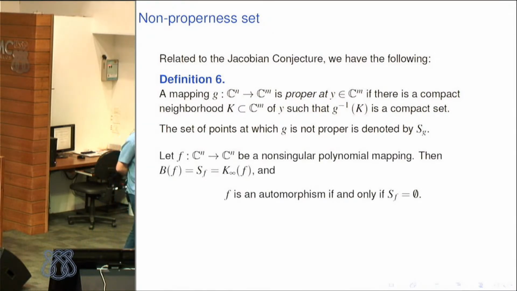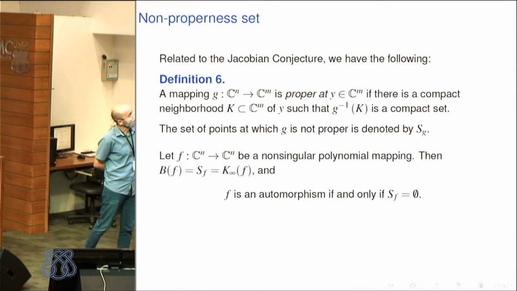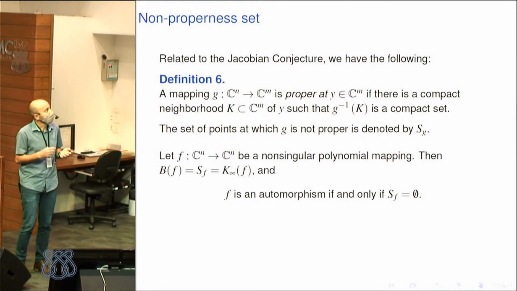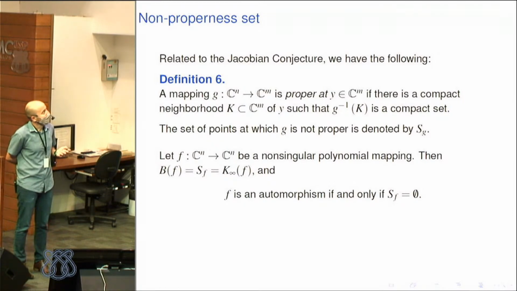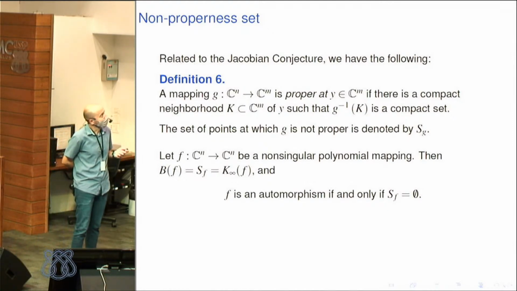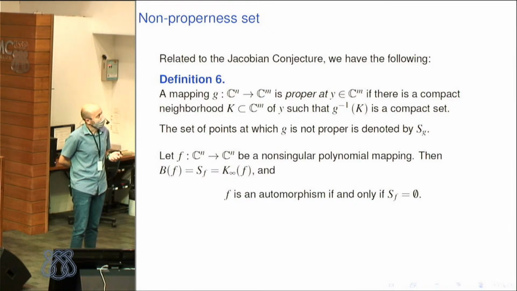And given a non-singular polynomial mapping, this is the first relation between the bifurcation set and the Jacobian conjecture. The bifurcation set, which we defined in the first talk and the talks of Joita, is equal to the non-properness set of F, and in this case is equal to K infinity of F. And you know that F is an automorphism if and only if the bifurcation set of F is empty.